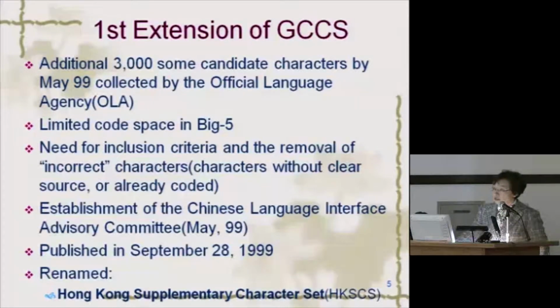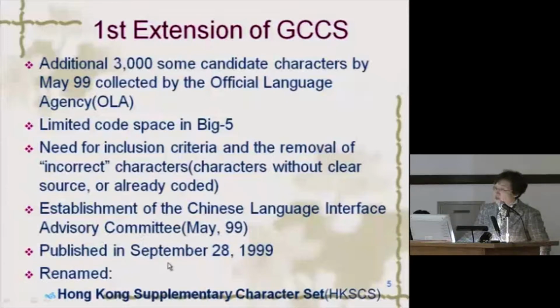The Hong Kong government had an internal organization, but considering the limited space under Big Five, which I will mention a little bit later, the government set up a so-called inclusion, exclusion criteria. So in May 1999, this Chinese Language Interface Advisory Committee was set up. I was one of the members.